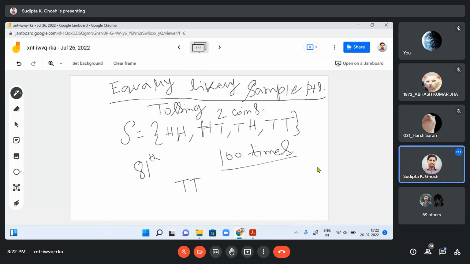Because if I'm asking you whether at the 81st time I can get tail, the answer is no, because you cannot predict it. Exactly what type of outcome you can expect, that you cannot say. But you know that all the outcomes are equally possible: either head head can come, or head tail, or tail head, or tail tail.